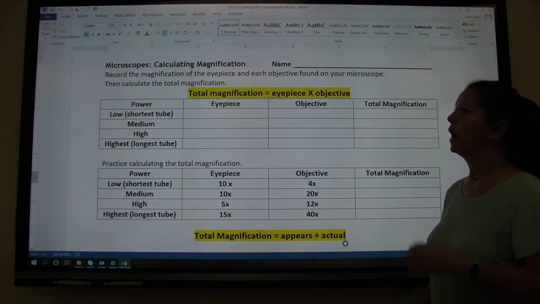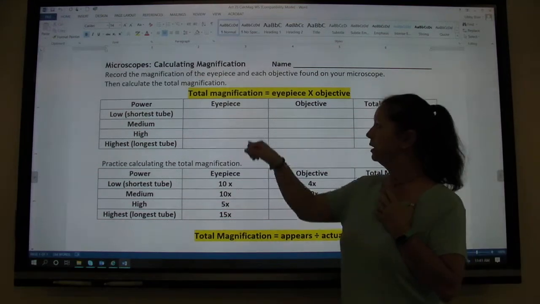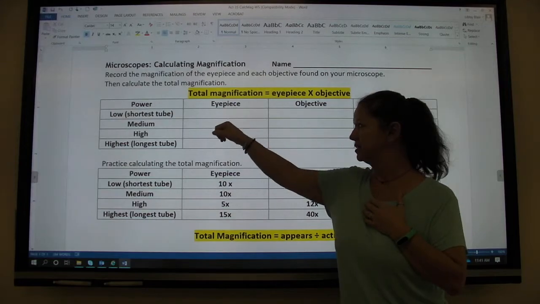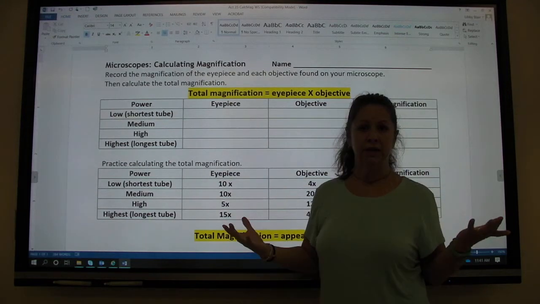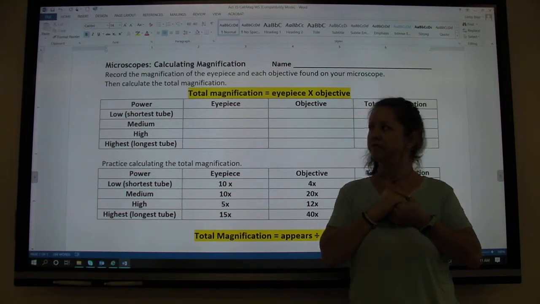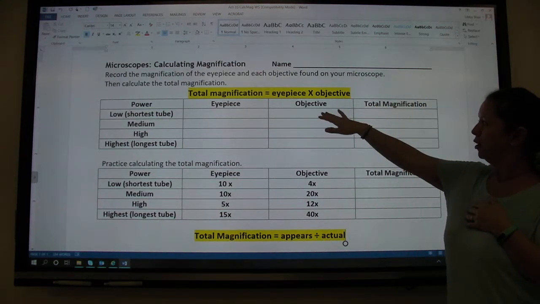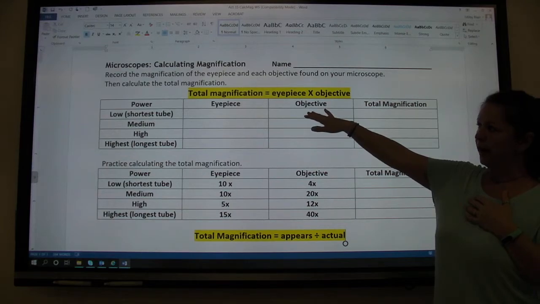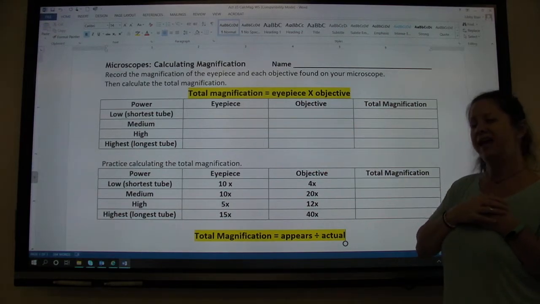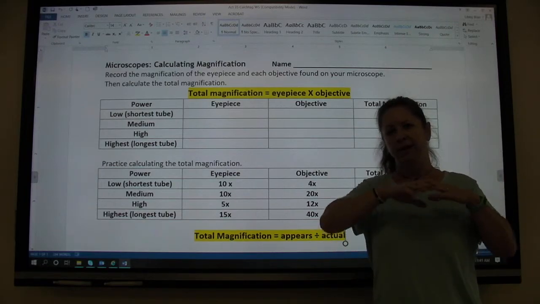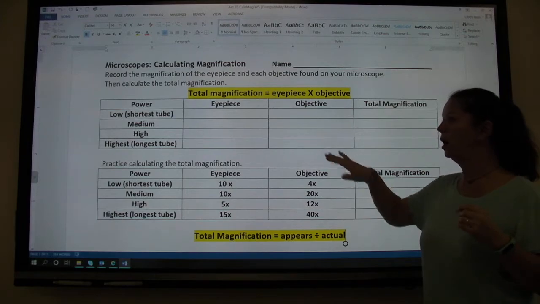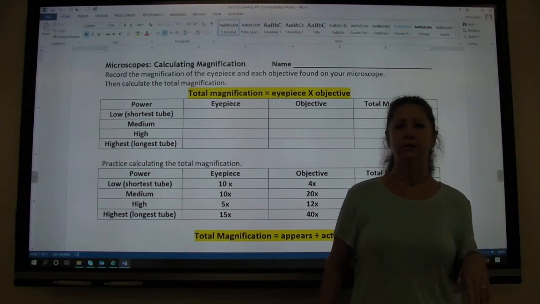All right? So for our microscopes, our eyepiece is 10x. That's what it always is. Our objectives are 4x for the low power, 10x for medium, 40x for high, and then when you get to biology in the 9th grade, you're going to have a 100x for the highest.